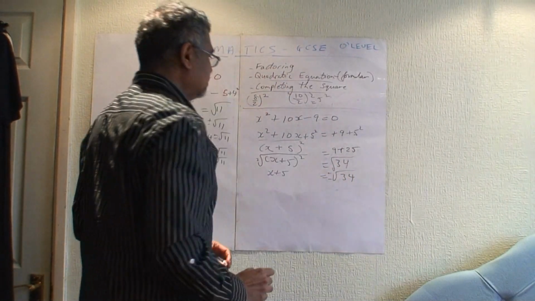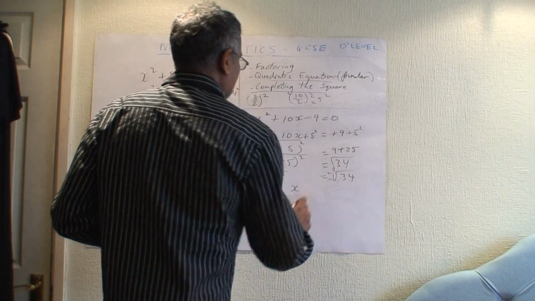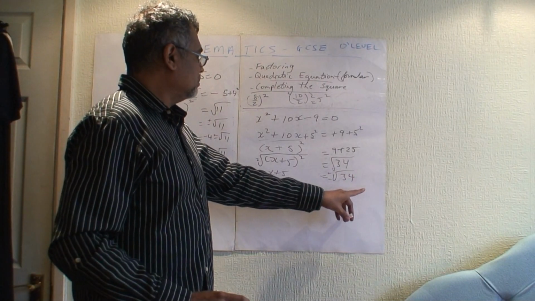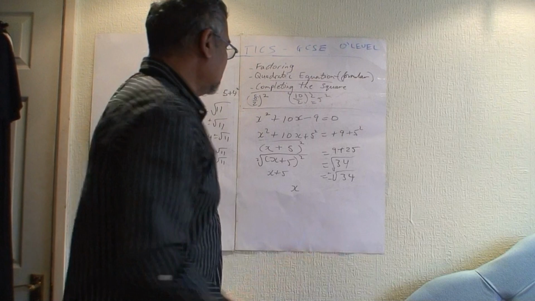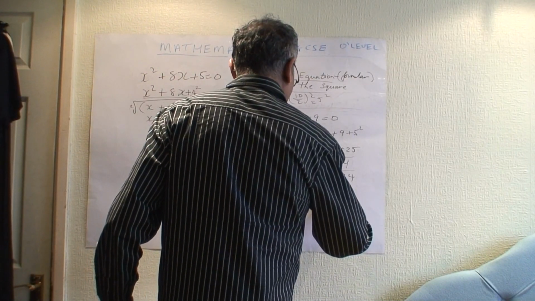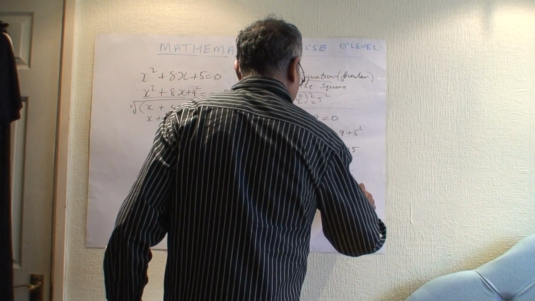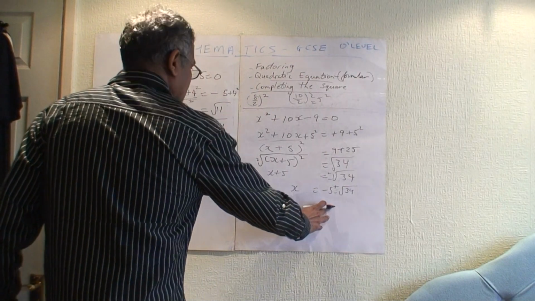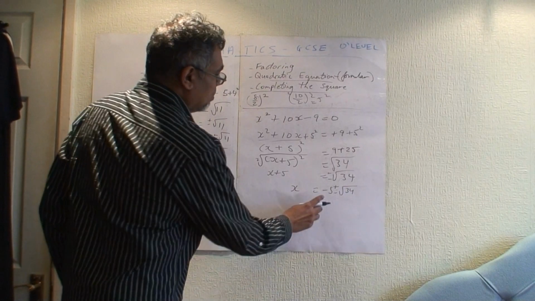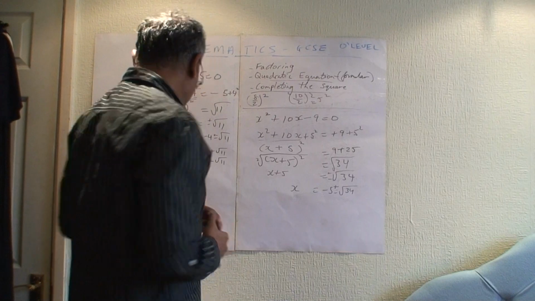Now for x, we've got to get the 5 out on this side, so we subtract it on this side of the equation. So x is equal to minus 5 plus or minus the square root of 34. So we have the two answers: minus 5 plus the square root of 34, or minus 5 minus the square root of 34.